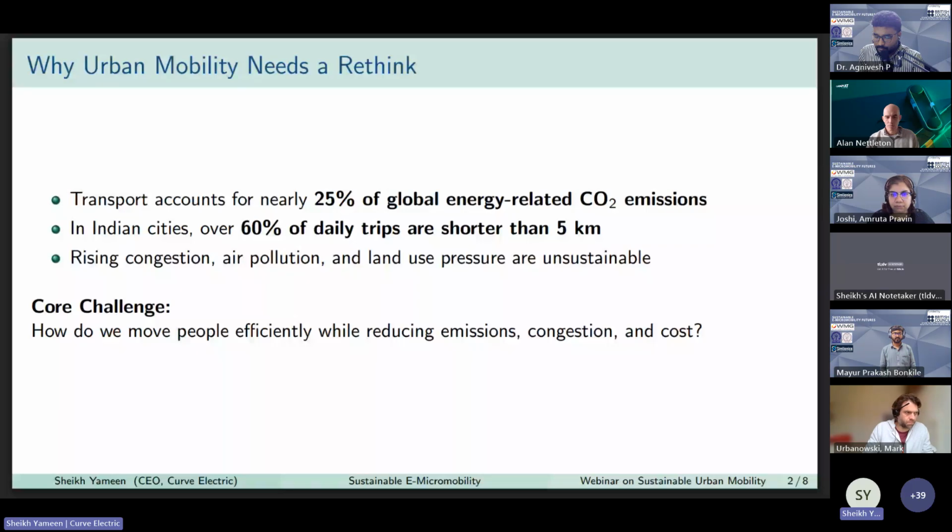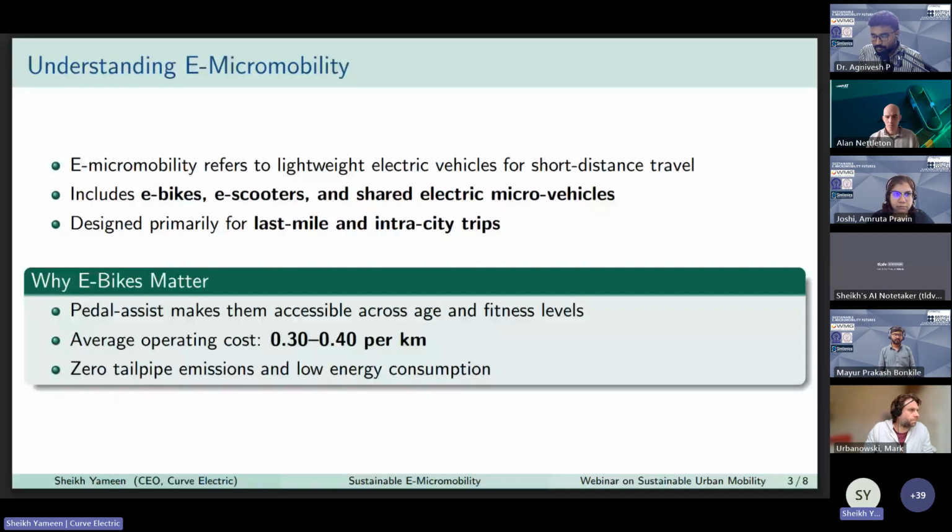If we talk about e-micromobility, as one of the presenters earlier showed, the whole spectrum of micromobility, be it a bicycle, or non-motorized transport as well, e-rickshaws or normal rickshaws, carts, things like that, they form an integral part of micromobility as well.